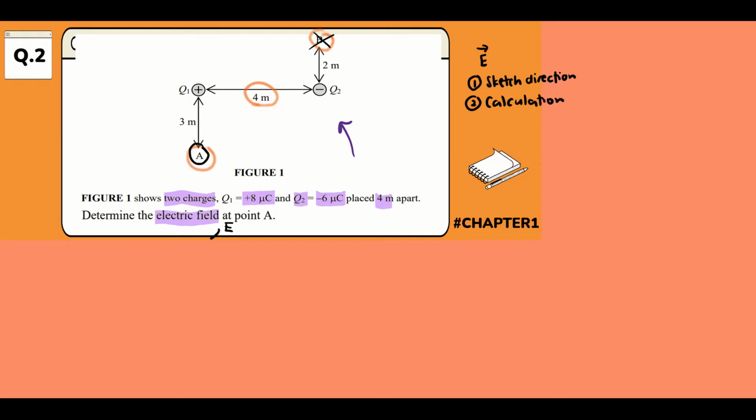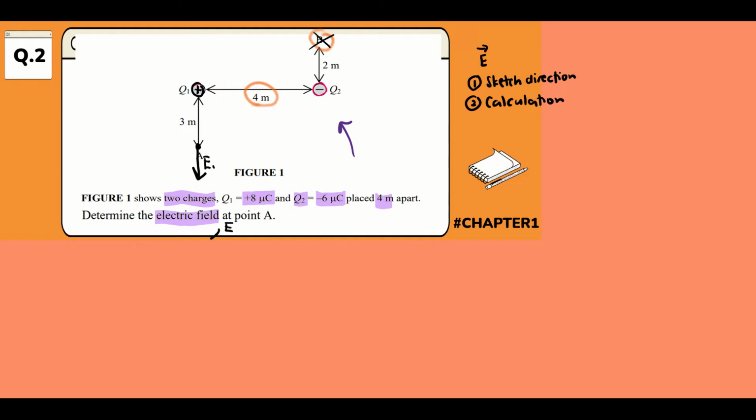In our case, we are going to sketch the electric field at point A, with respect to charge number 1 and also charge number 2. Due to charge number 1, our electric field is supposed to be outward, so we need to start drawing from point A. It's supposed to be outward from the positive charge, and label your direction.